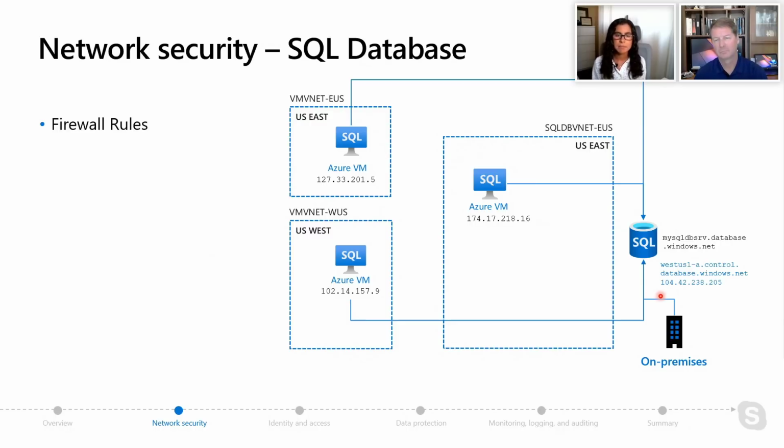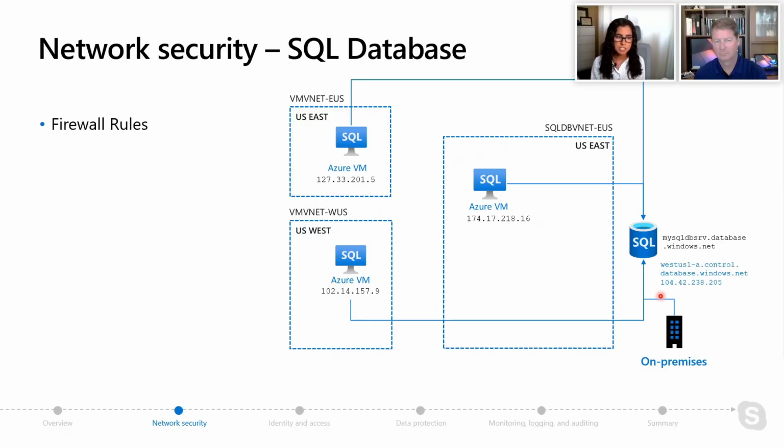Now, this is great, but this could be challenging. For example, many customers have dynamic IP addresses, meaning their IP addresses change. And many applications have lots of users that might be needing to access this data. So you don't necessarily want to keep track of all these firewall rules. It can get very cumbersome very quickly.